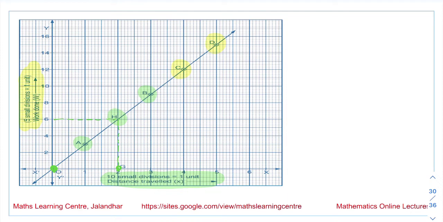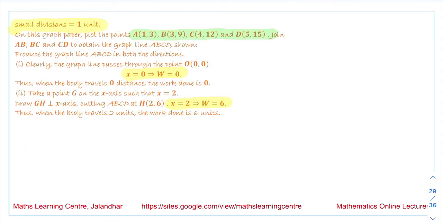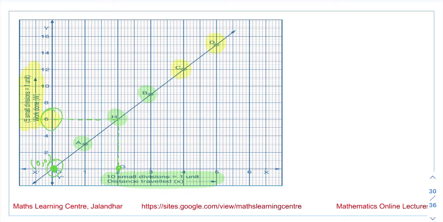The answers we obtain are that for x is equal to 0, work done is 0, and for x is equal to 2, the work done is 6 over here. This is the value of work done when x is equal to 2, and this is the 0, 0 point, and this point is basically 2, 6. So we obtain the answer in this form.